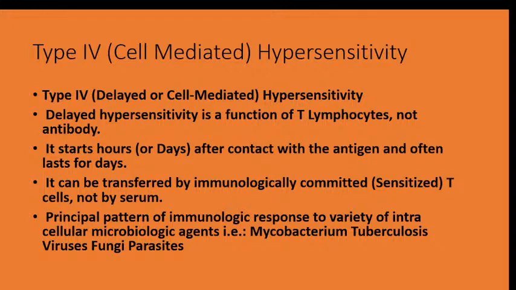The mechanism of damage in delayed hypersensitivity is the activation of T lymphocytes and monocytes or macrophages. The T cells will recognize the antigen together with MHC class II molecules, the major histocompatibility complex, that you have learned in the introductory part.